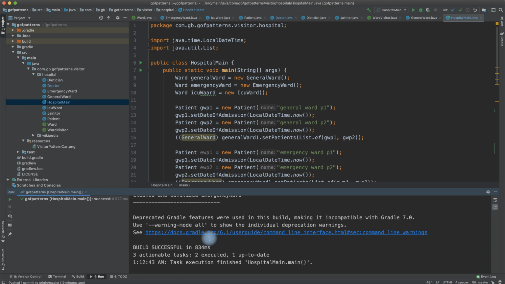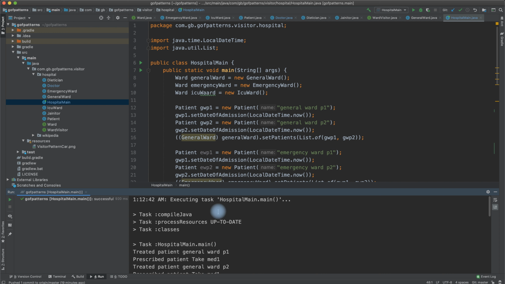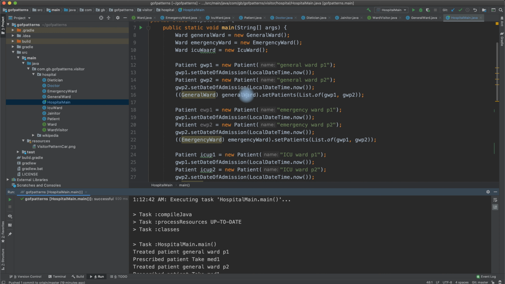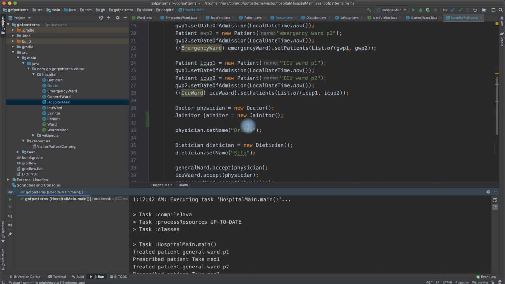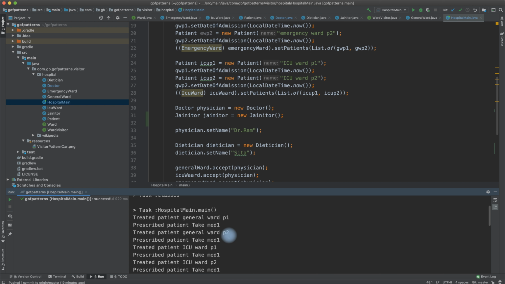Okay, excellent. Let's walk through it. So first the doctor visits the general ward, prescribed this person this medicine, and then treated the second patient, prescribed that medicine.